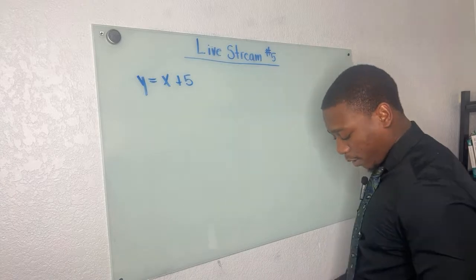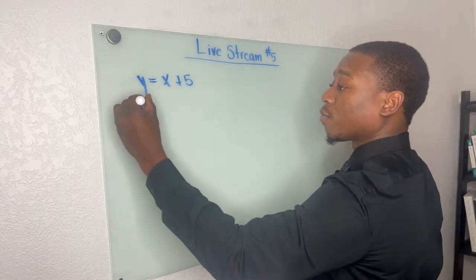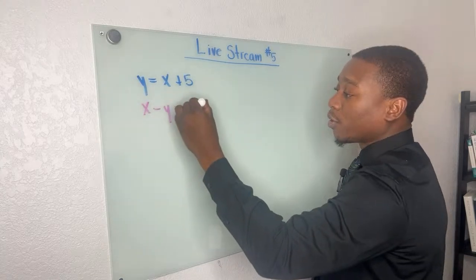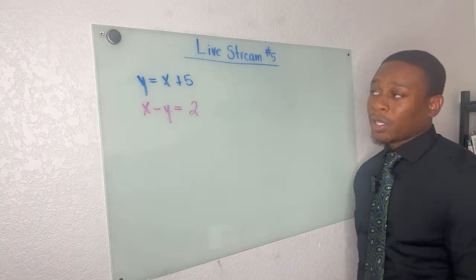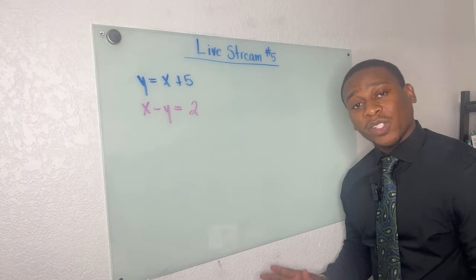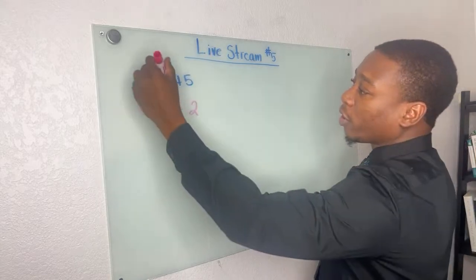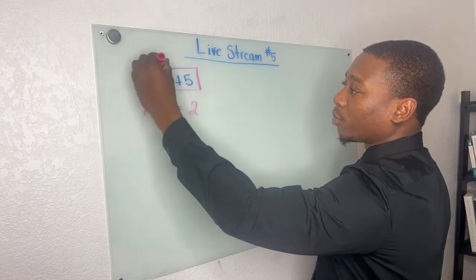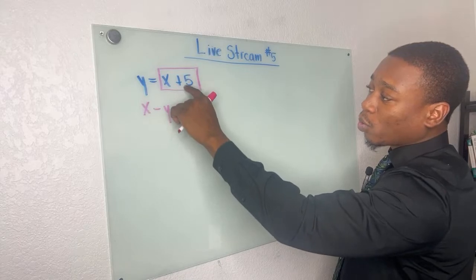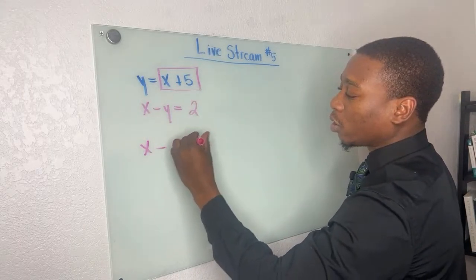And matter of fact, let's keep two different colors for today. Okay, so this is the first system of equations. Equation number one, equation number two. So the best way to solve this is to use the substitution method because they already solved for the variable, right? So when I substitute x plus 5 for y, this is what my equation is going to look like.